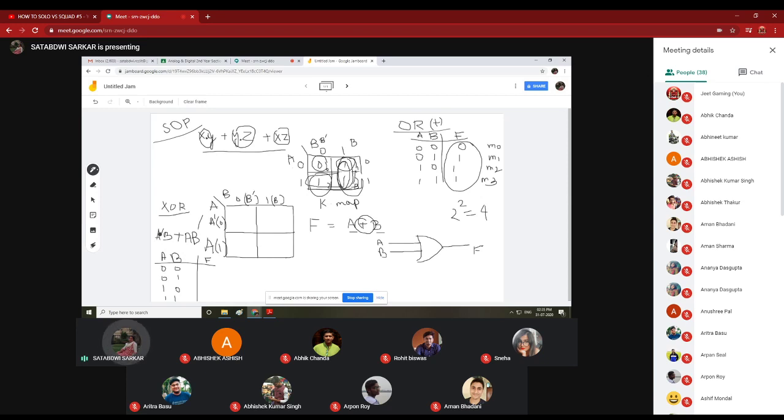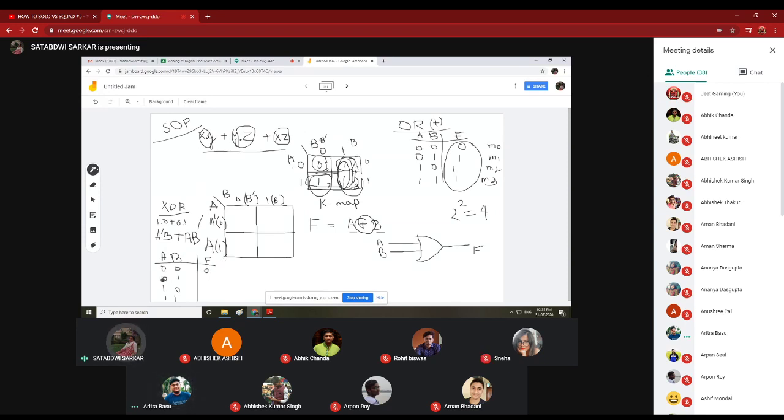So A bar, that is 0 bar, is 1, into B, which is 0. This is 0, plus A B bar. So A is 0 and 0 bar means 1. So it is 0 into 1, that is 0, plus 0 into 1, that is also 0. So it is 0.